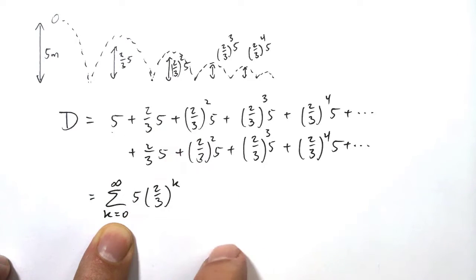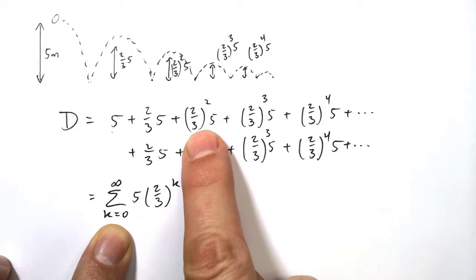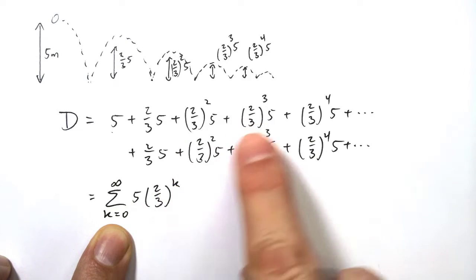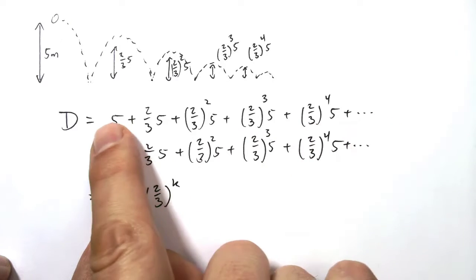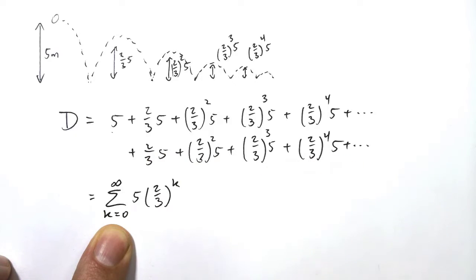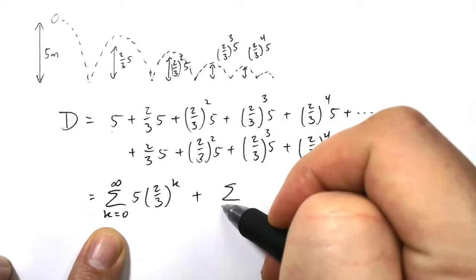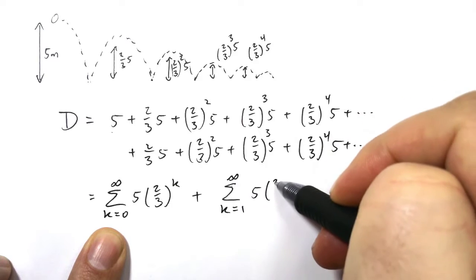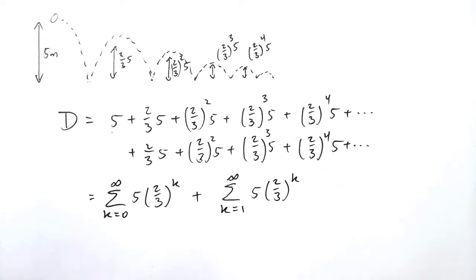That's the second term. When k is 2, we have 5 times 2/3 squared. When k is 3, 5 times 2/3 cubed. 4, 5 times 2/3 to the 4th. So we are getting this top series. Now what about the second one? Well, here we have the series k equals 1 to infinity of 5 times 2/3 to the k.